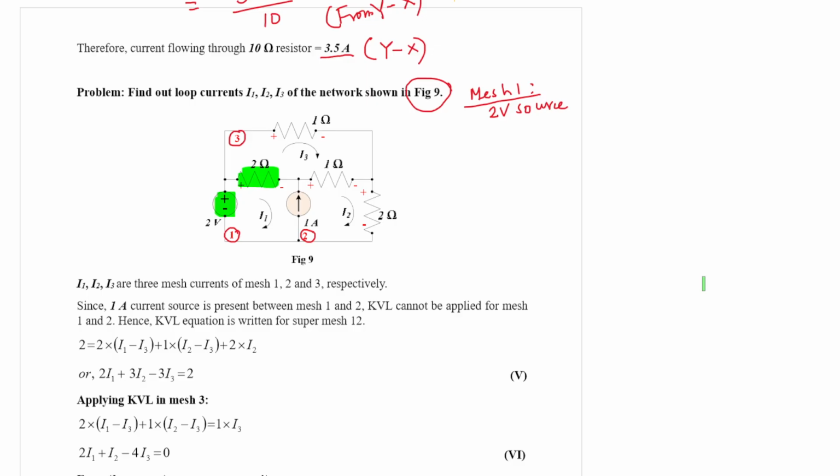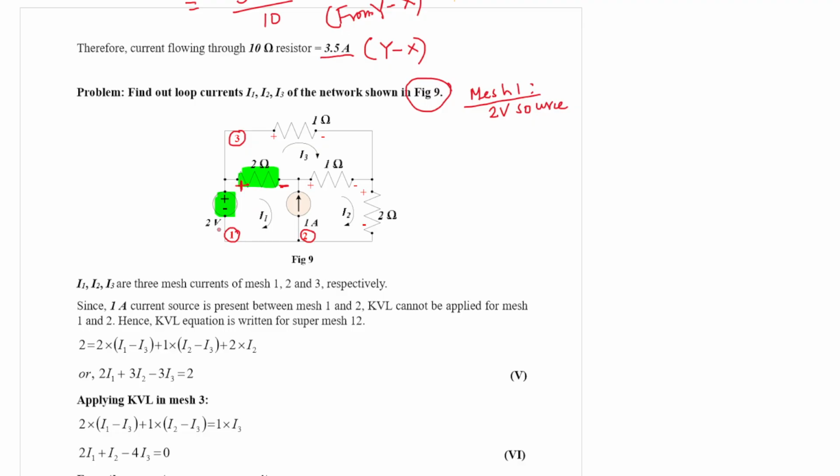Now what will be the current flowing through this 2 ohm resistor? Another important observation: we have assumed the polarity of the potential to be like this, left hand side plus, right hand side minus.